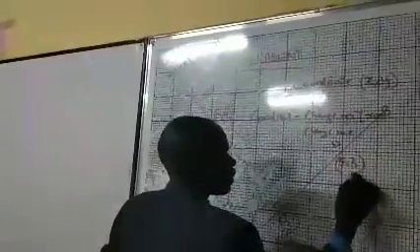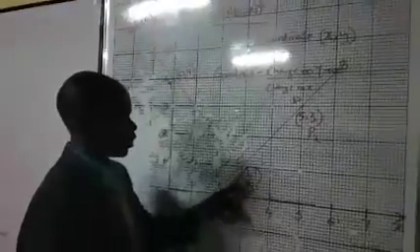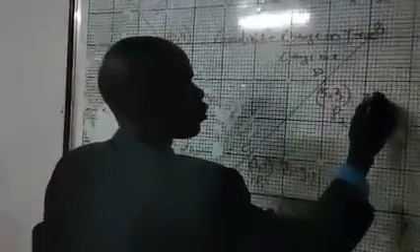So if we take point C as the first point and point D as the point 2, then this coordinate is in the form of x1, y1, and this is x2, y2.